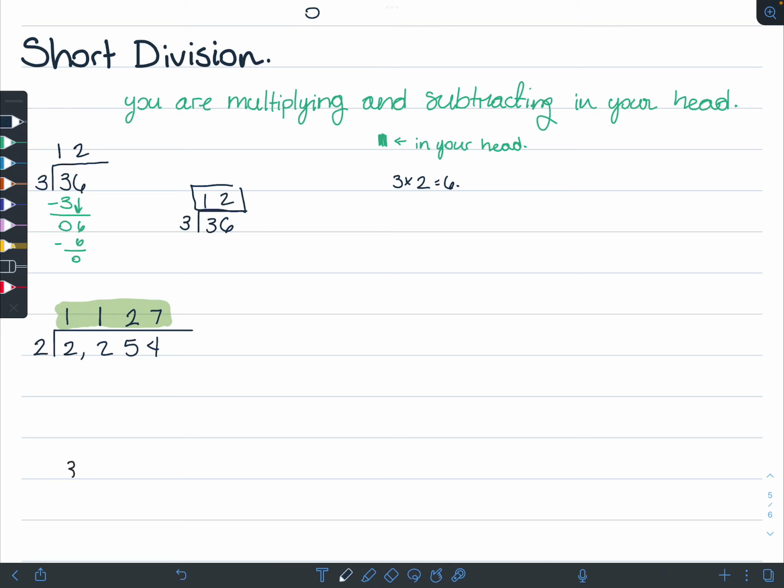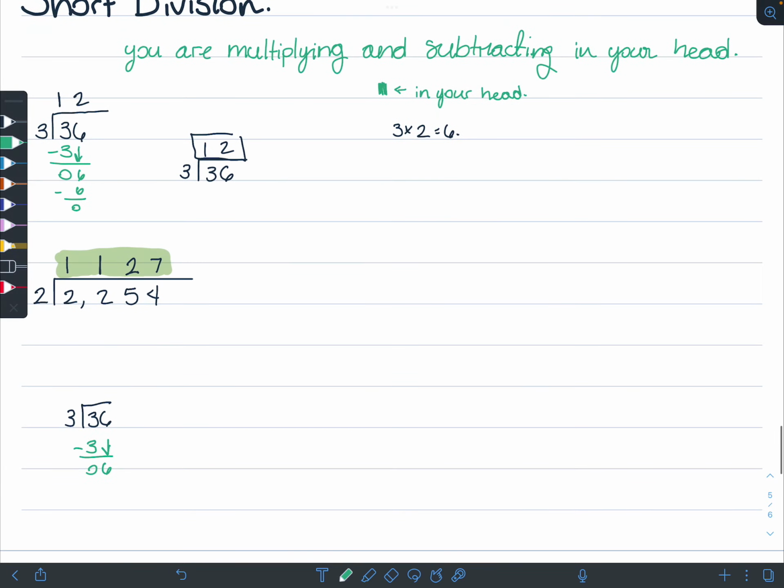So let's use the first example again, 36 divided by 3, and you just need to have that process of writing down the -3 and the -6.